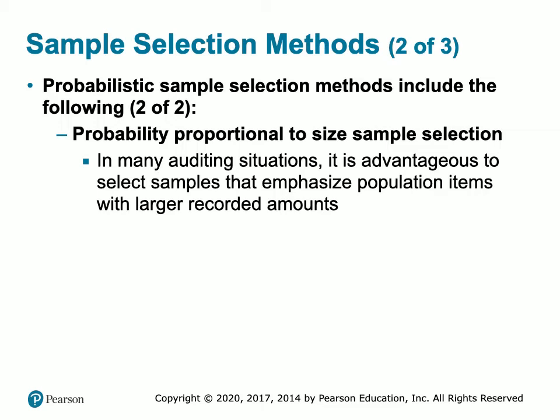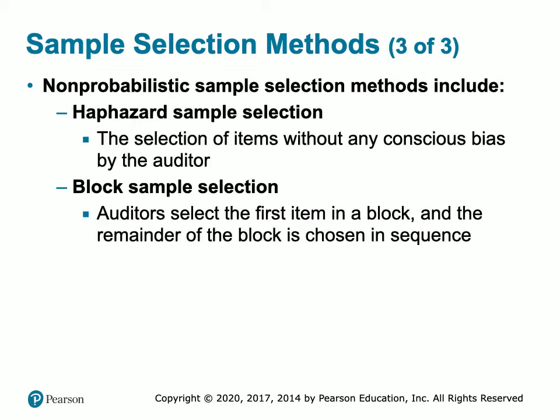This creates the situation where if you have large items, they're more likely to be selected, which actually gives you better evidence if you're thinking about things like coverage. So all these things are appropriate for statistical.